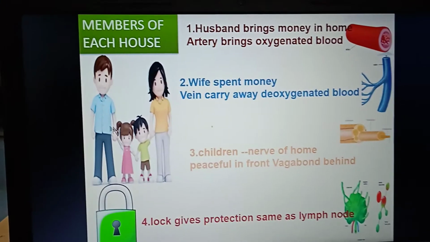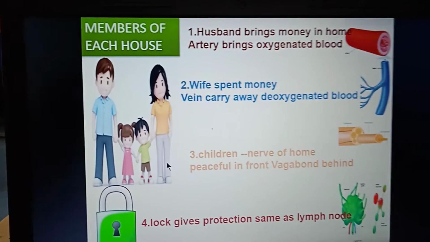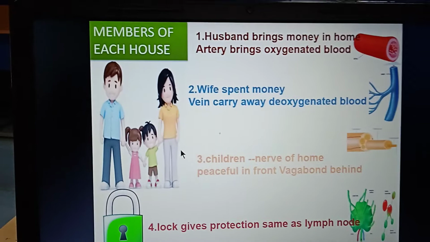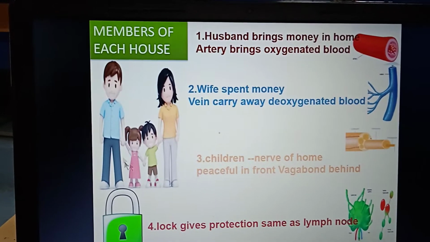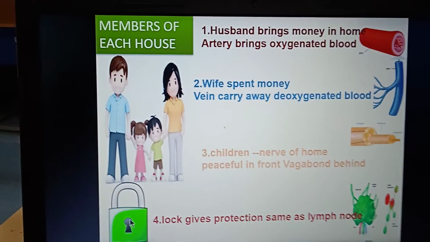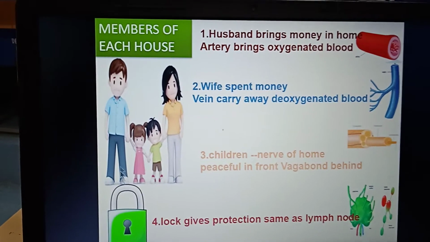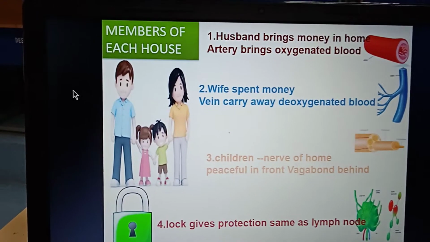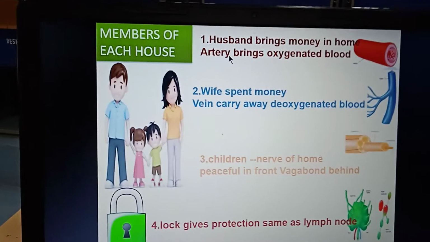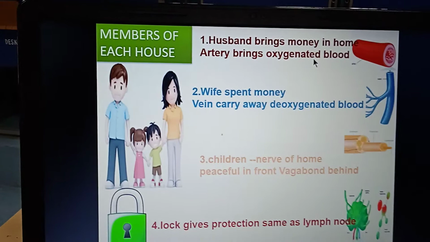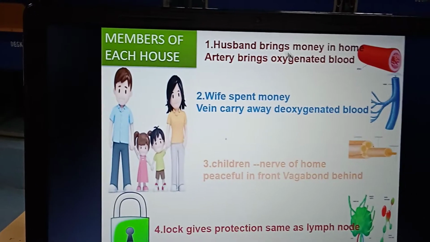Now every house has at least these members: one husband, one wife, the children, and one lock. These are the essential items. Husband is compared to the artery which brings oxygenated blood, same as the husband brings money into the home.